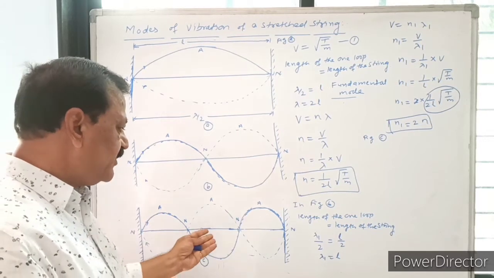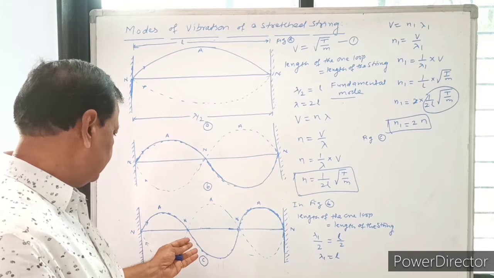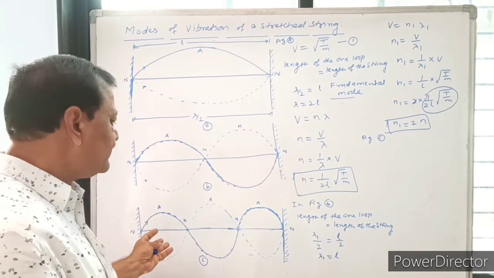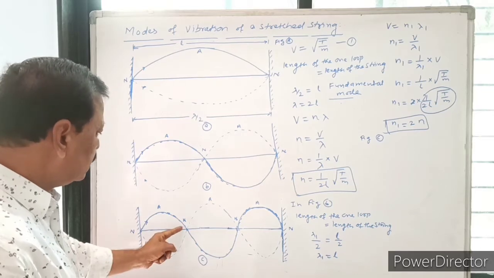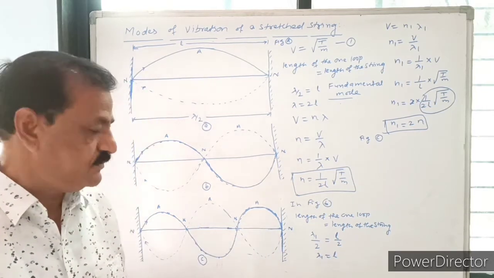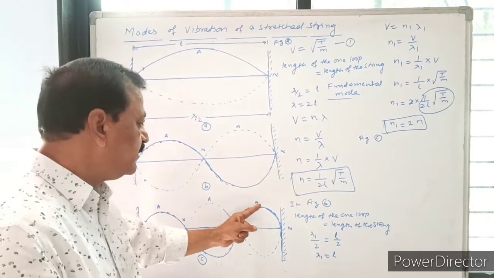In the third mode of vibration, our transverse stationary waves consist of 4 nodes, 1, 2, 3, 4, and 3 antinodes are formed.